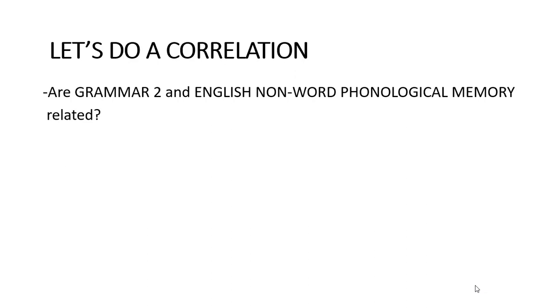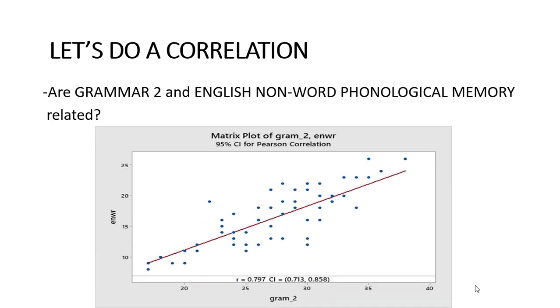So we're going to do a correlation. We're going to assume that we only have one variable in this case. And the question that we're going to try to answer is whether grammar and English non-word phonological memory are related. So here's the result. We will learn how to do this in Minitab.